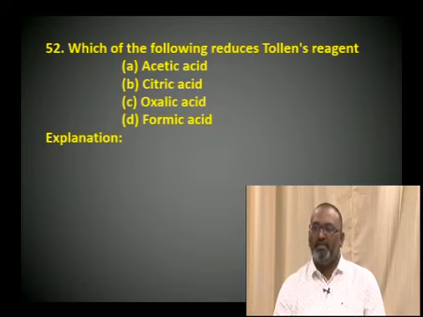Tollens reagent is ammoniacal silver nitrate, which is used to identify aldehydes. When aldehydes are heated with this Tollens reagent, a black precipitate or a silver mirror will be produced. So only the compounds which have an aldehydic group will show this reaction.